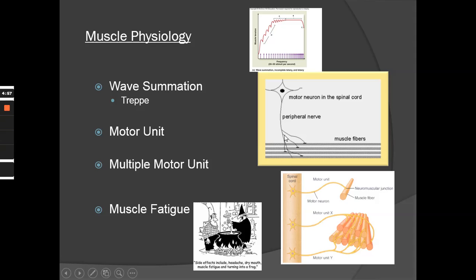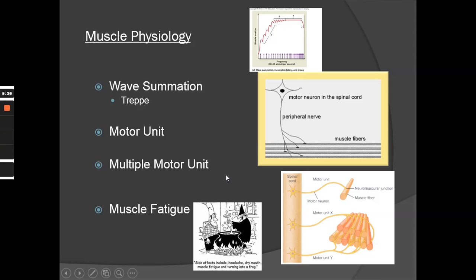As those axonal endings branch into that muscle, they form a neuromuscular junction with each muscle fiber. Each muscle fiber only needs one neuromuscular junction in order to be stimulated. So that's a motor unit.